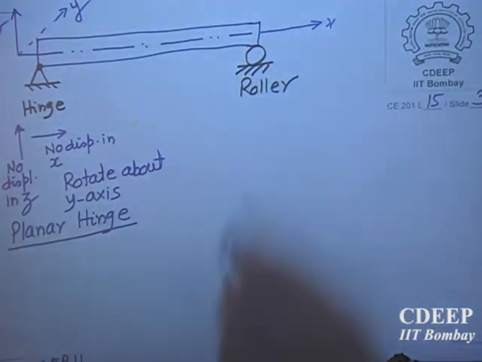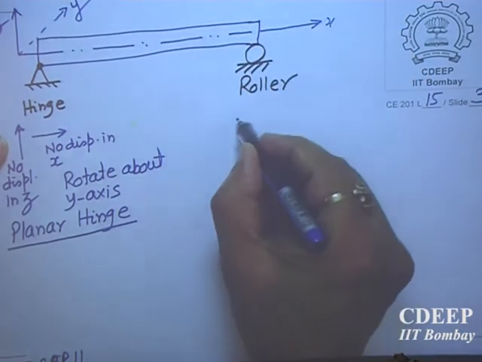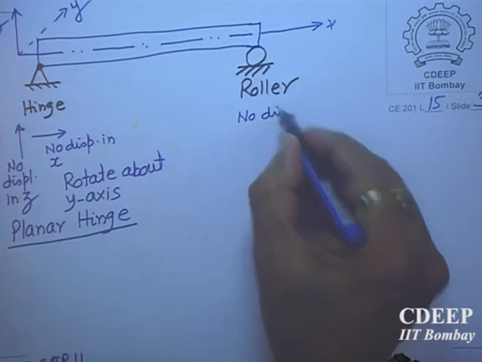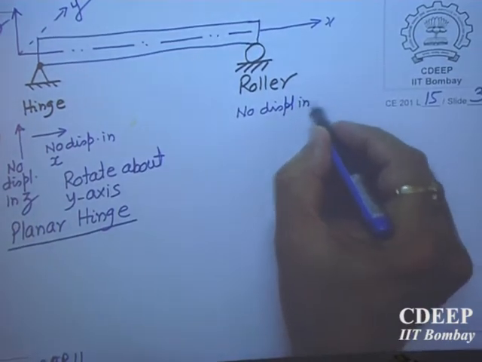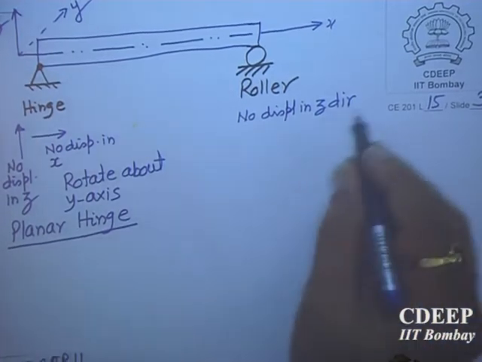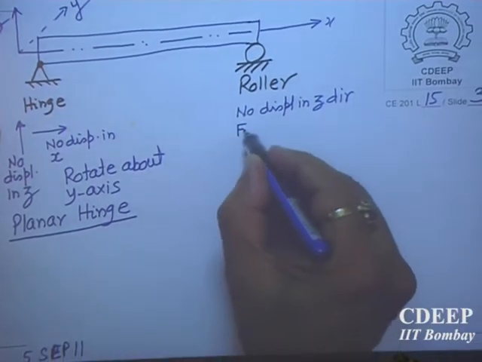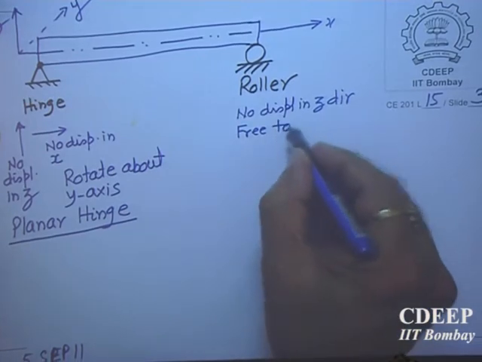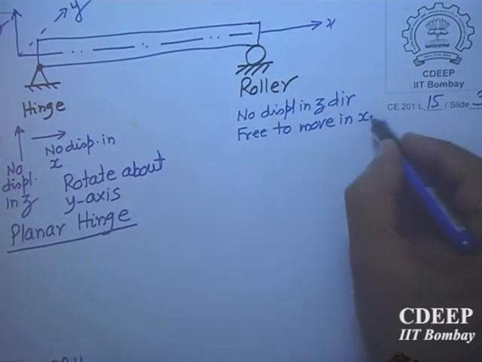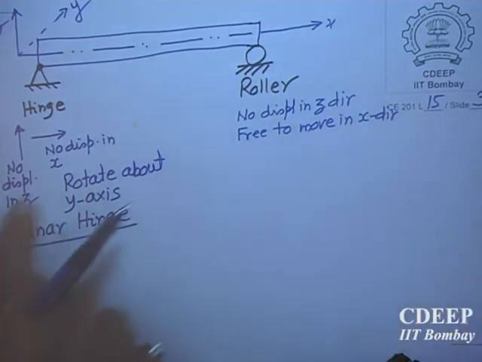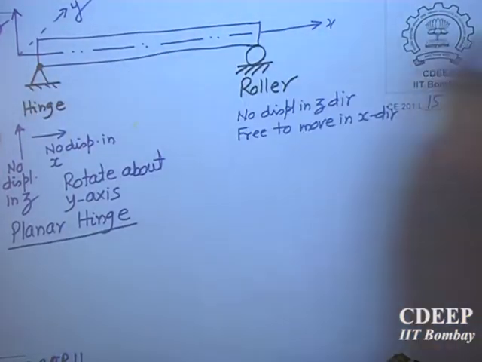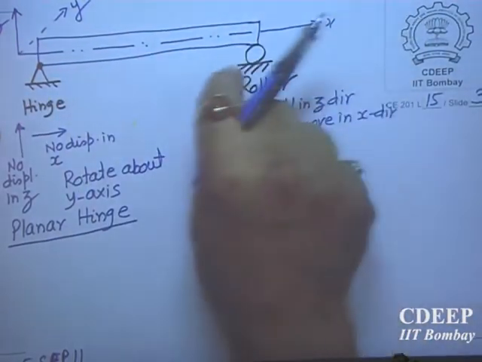This one, roller, means no displacement in the Z direction, but yes, free to move in the X direction. Here I had said no displacement in X also. Now here it can roll on this plane.